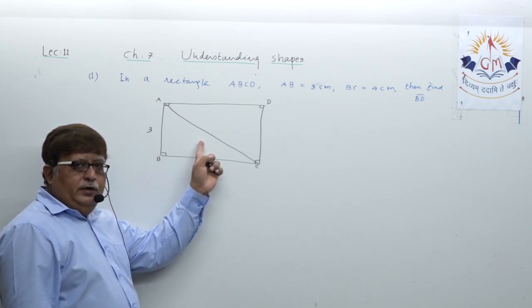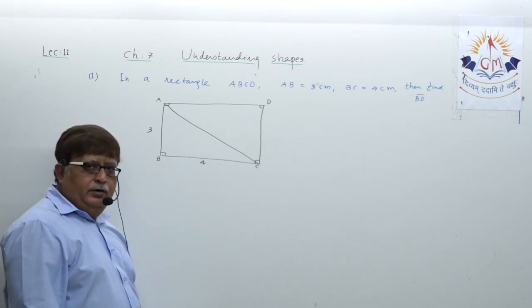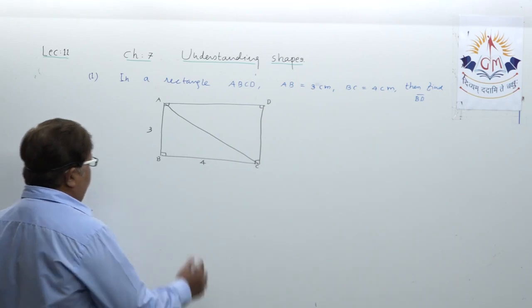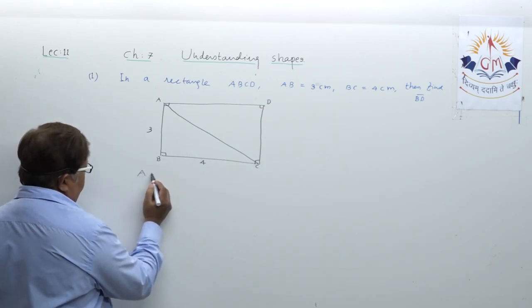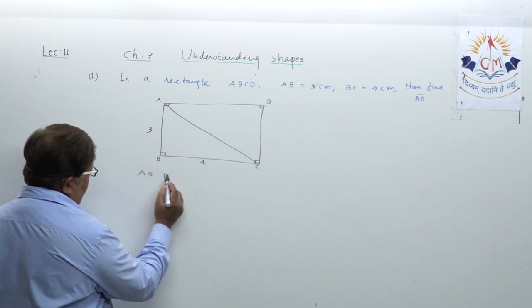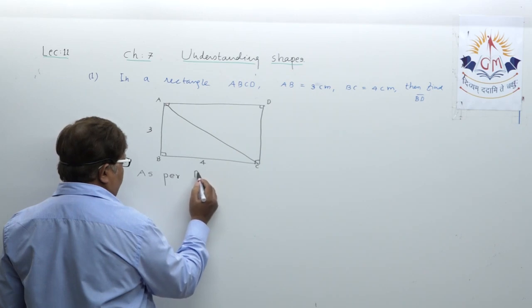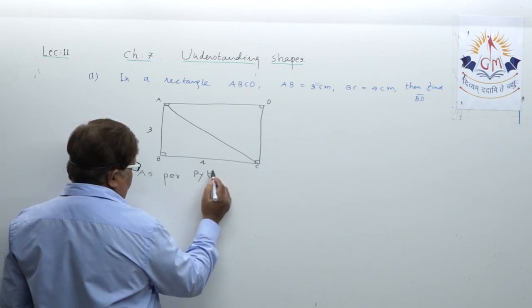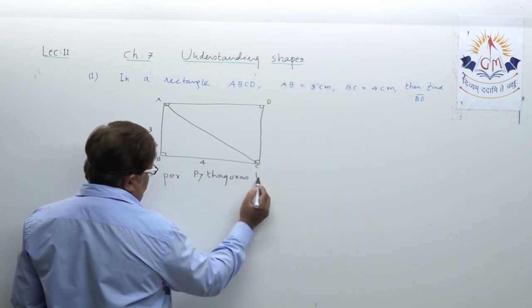And once you find AC, BD is found out because diagonals are congruent. Understood? So how can you move as per Pythagoras theorem?